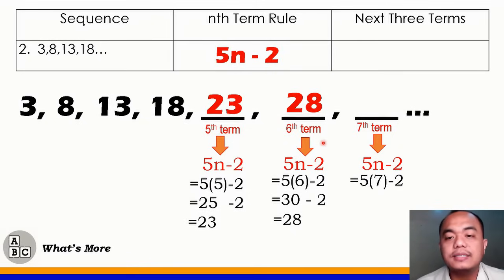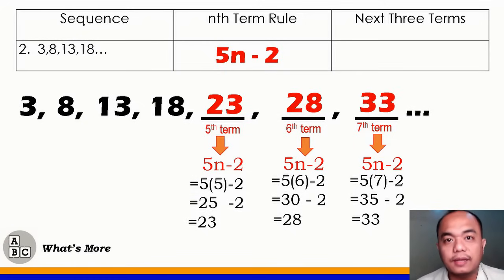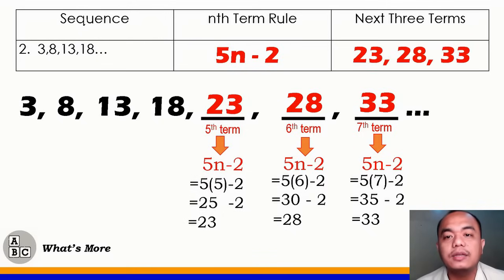And then we replace n by 7 kasi yung 7 ang nagre-represent ng 7th term. And then 5 times 7 here is 35. And then 35 minus 2 equals 33. So meron na tayong 5th, 6th, and 7th term. So we will supply the next 3 terms here in the table, 23, 28, and 33. I hope you are following.